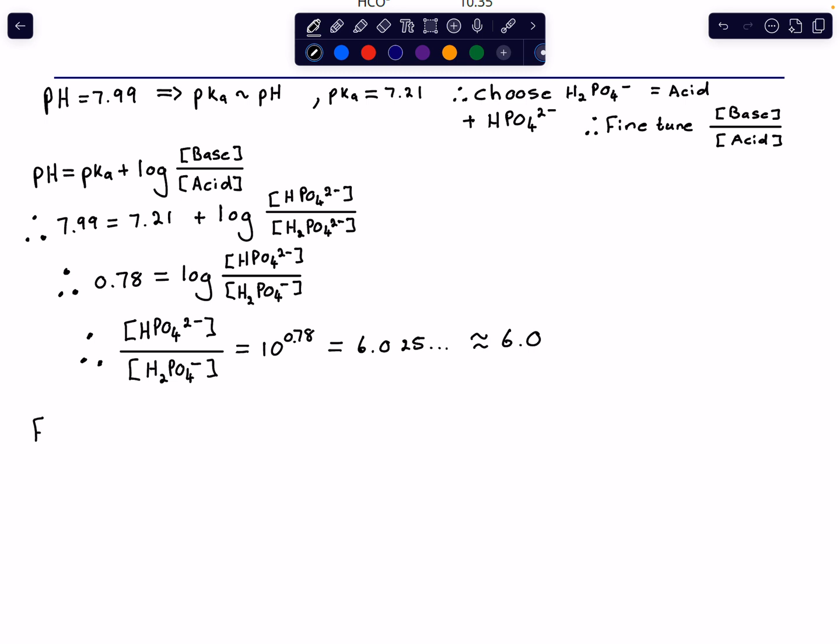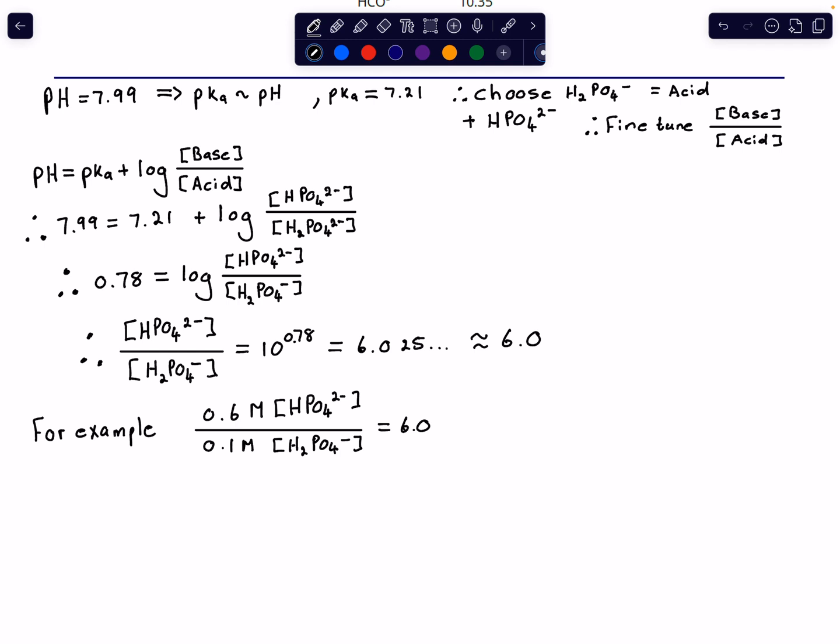So for example, if we take 0.6 molar HPO4 2 minus and 0.1 molar H2PO4 minus, then we get a ratio of 6.0. You see the base has 6 times the concentration of the acid.